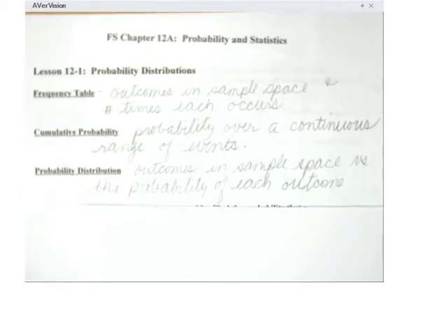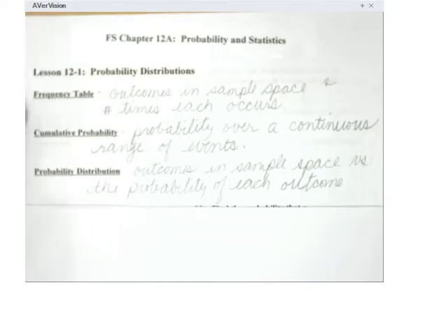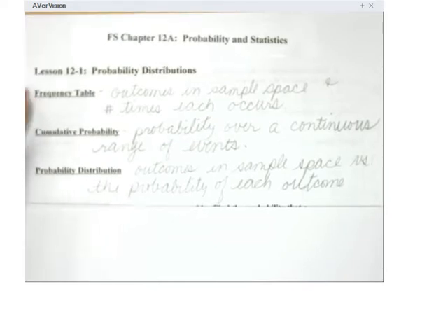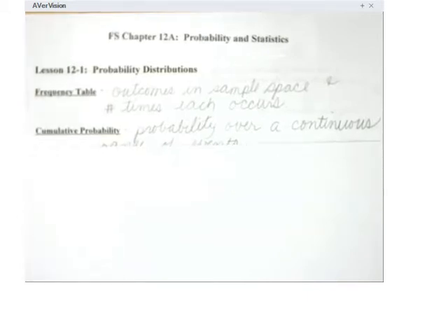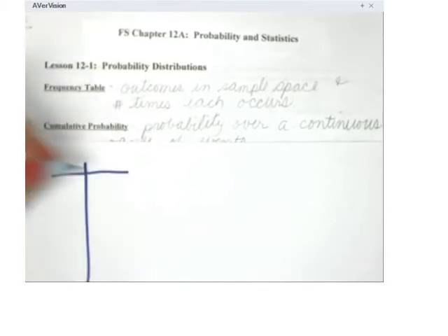And starting out with just a couple of different ways that we display our data. We quite often will display our data in a frequency table. That makes sense. We will take something like, say I'm looking at what someone's favorite sport is.